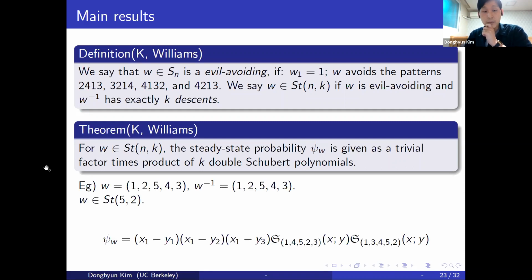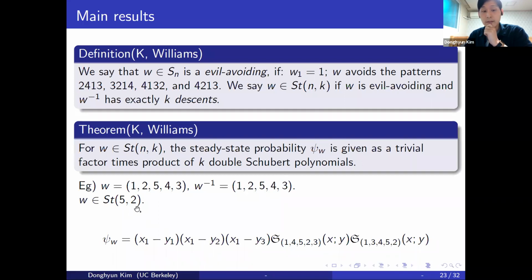So this is the example. If we have the permutation 1, 2, 5, 4, 3, then it avoids these 4 patterns. And W inverse is also 1, 2, 5, 4, 3. And this has 2 descents, 5 to 4 and 4 to 3.